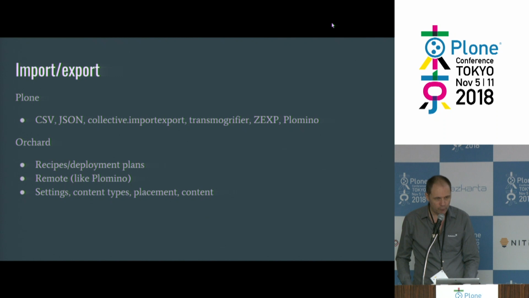And that one import-export format encompasses site settings, content type definitions, the layout placement of things in the UI, and of course the content itself. And it's modular. You pick and choose which ones form part of an import.